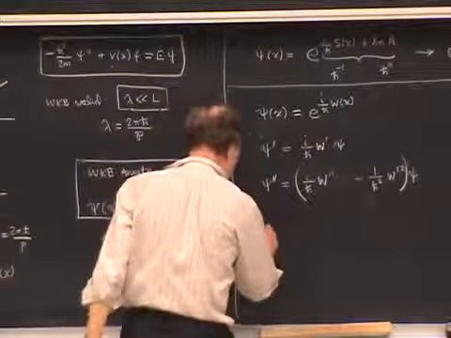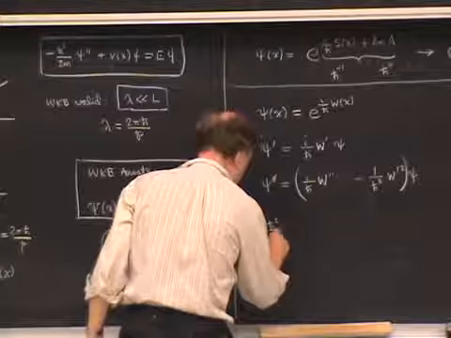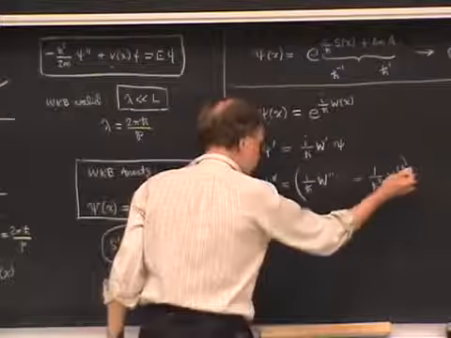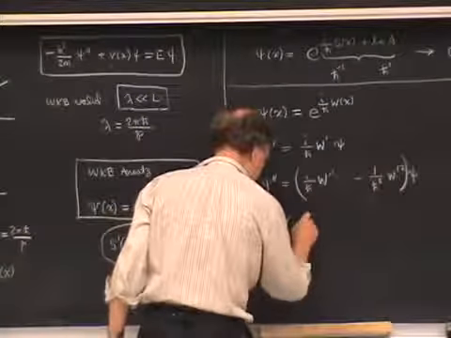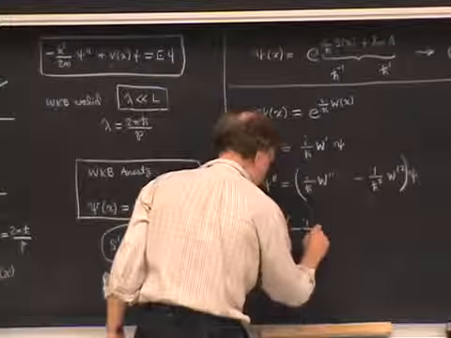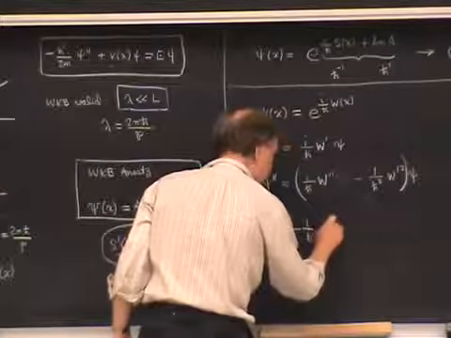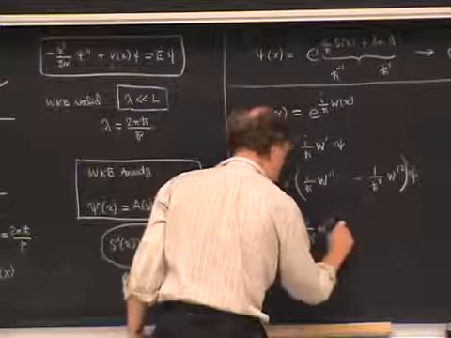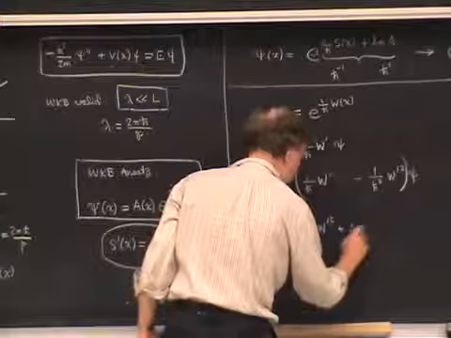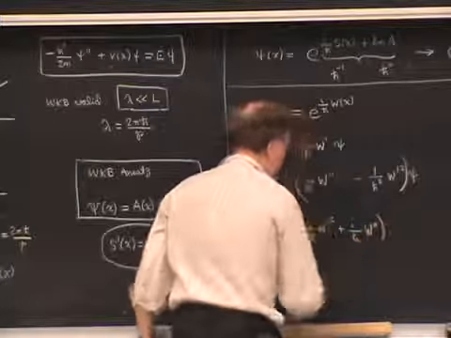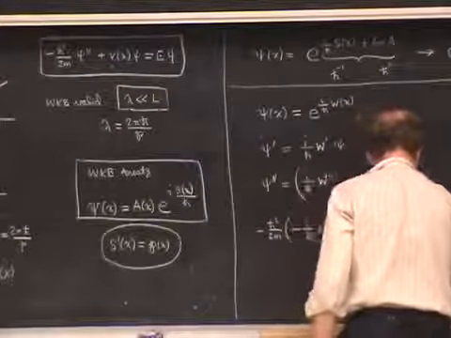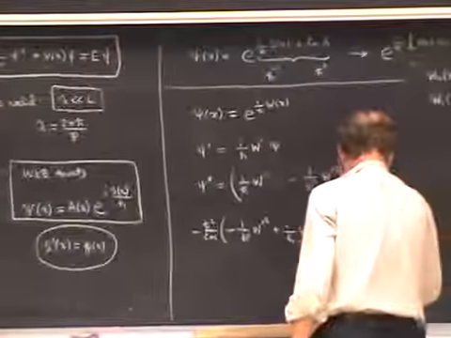And so what's left over is minus h bar squared over 2m times this coefficient in the round brackets. I'll reverse the order of the terms: minus 1 over h bar squared, w prime squared, plus i over h bar times w double prime. And then add the other two terms, which is the potential energy V of x is equal to E.